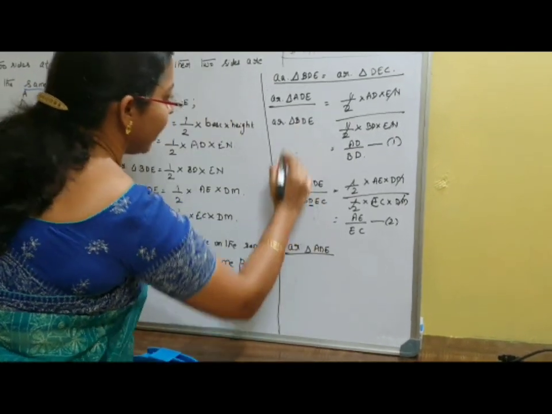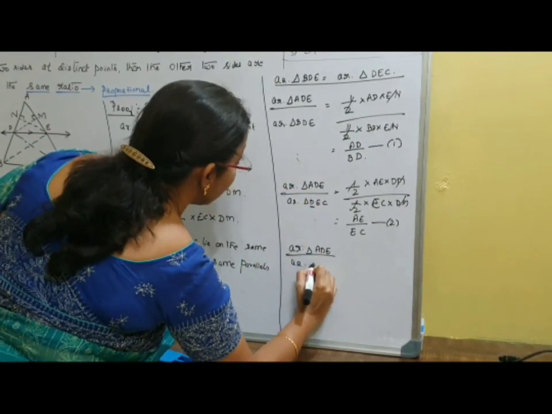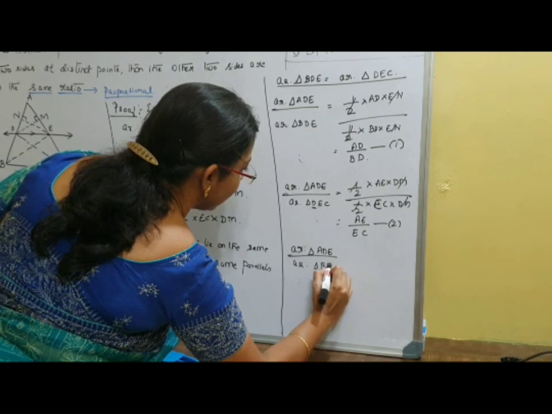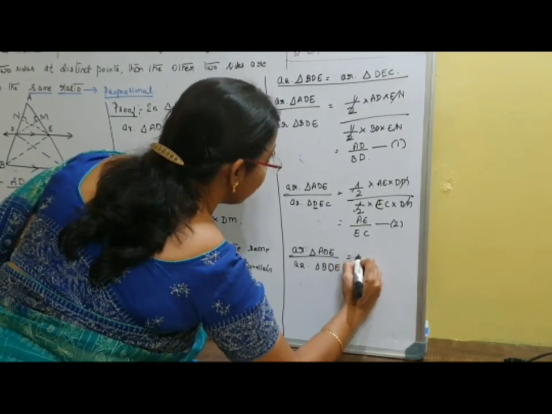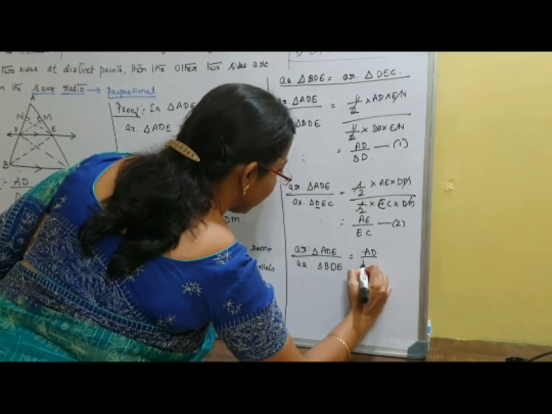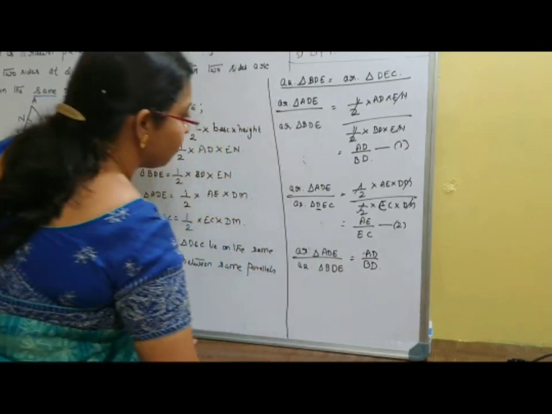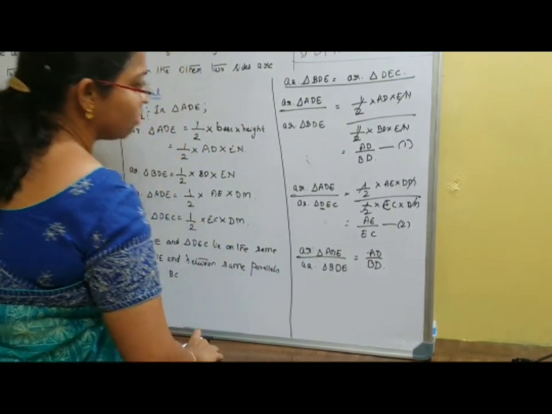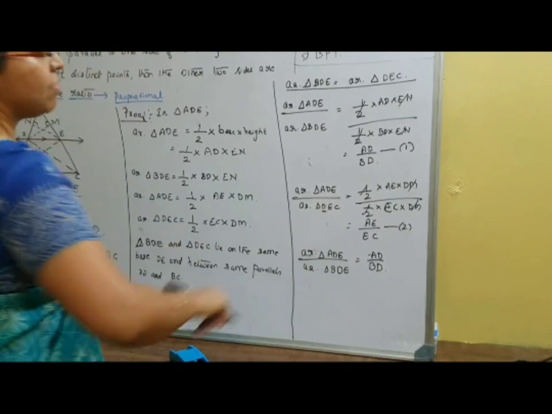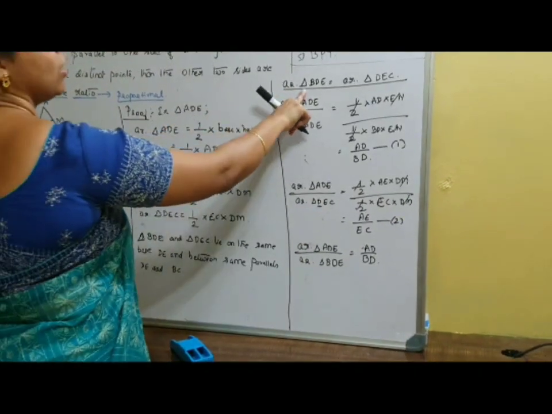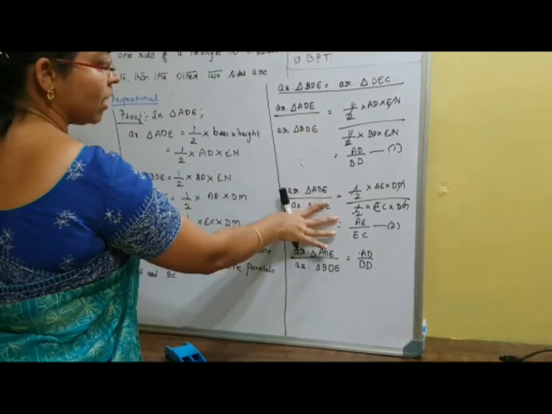Area of triangle ADE by area of triangle BDE is equal to AD by BD. In place of DEC, we will substitute area of triangle BDE. So what happens to the left hand side?